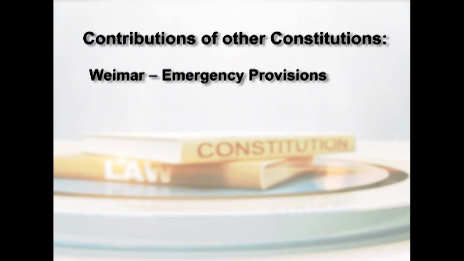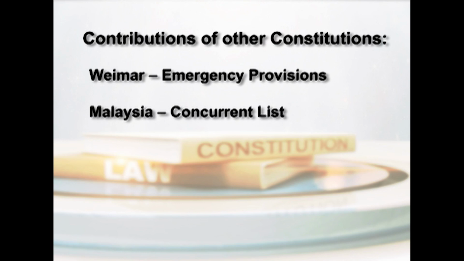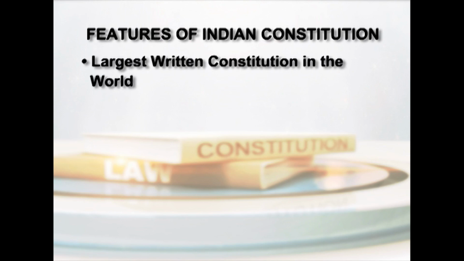Emergency provisions, we have got from Weimar Constitution, and we have got the concept of concurrent list from the Malaysian Constitution. Now, let's turn our eyes to the features of Indian Constitution. As we know, Indian Constitution is the largest written constitution in the world.